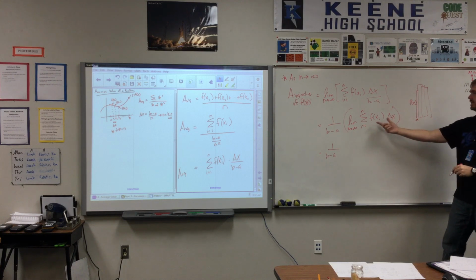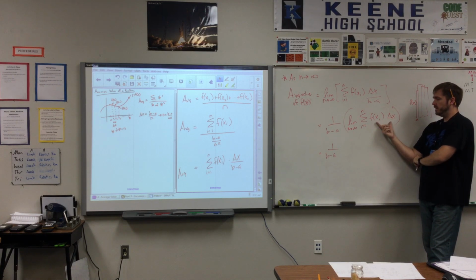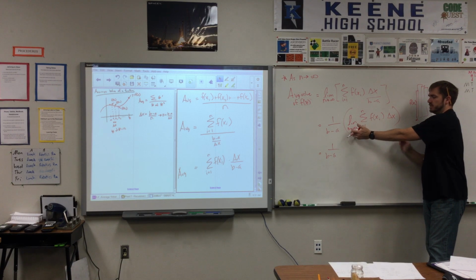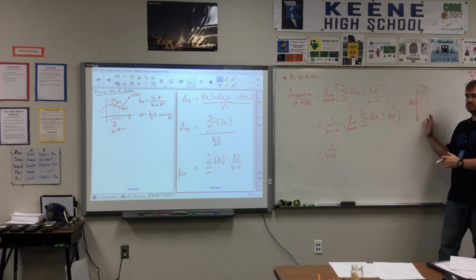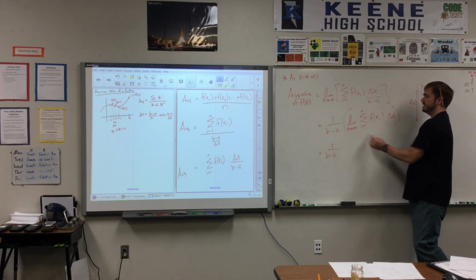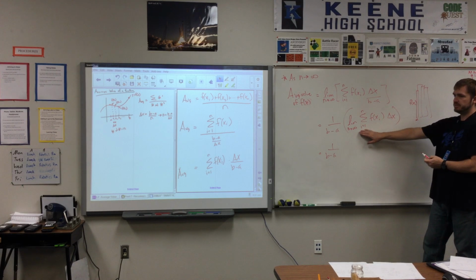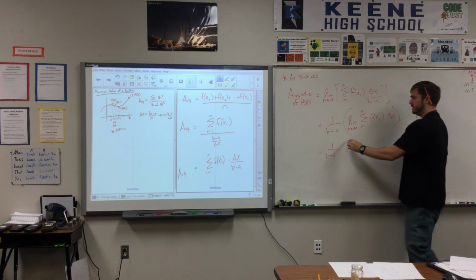This is a sum of the area of the rectangles, the height times the base, and then seeing what happens as your number of rectangles approaches infinity and those widths get really, really small. James, you want to give it a second shot? It's the integral. Yeah, okay. This is the limit notation of the integral, the limit of a sum.